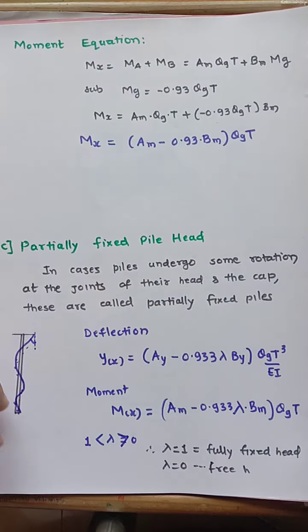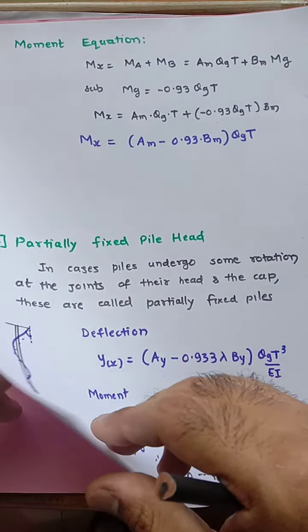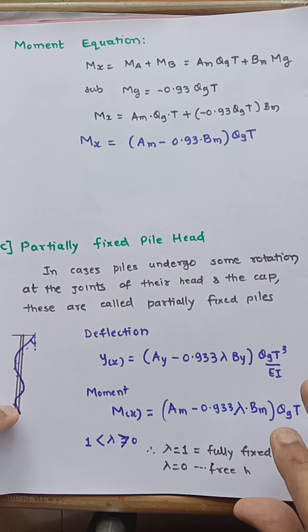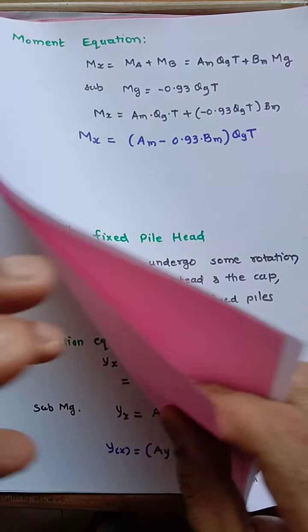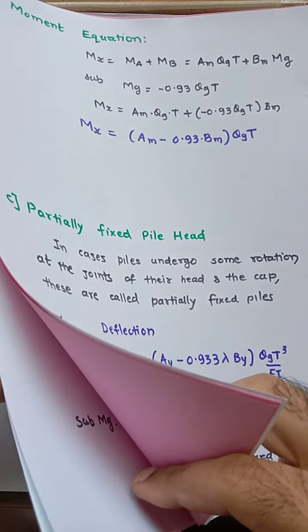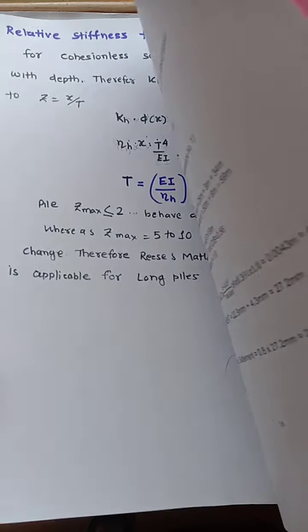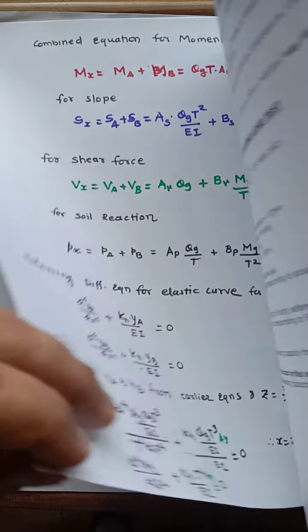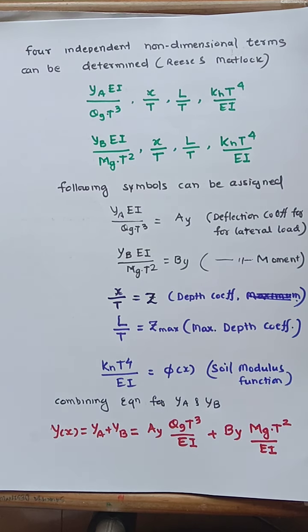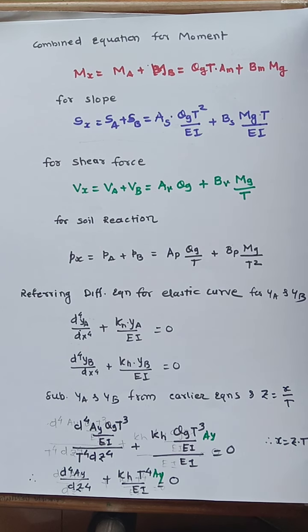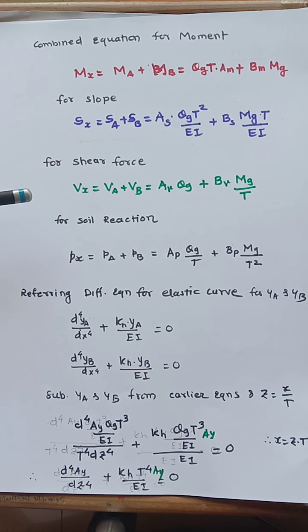Up till now, let's take a recap of what we have studied. We have gone through the different expressions for a free head condition. First, in a free head condition, the various expressions which we have written: one is for the deflection equation, then we studied the moment equation, slope and the shear force equation.